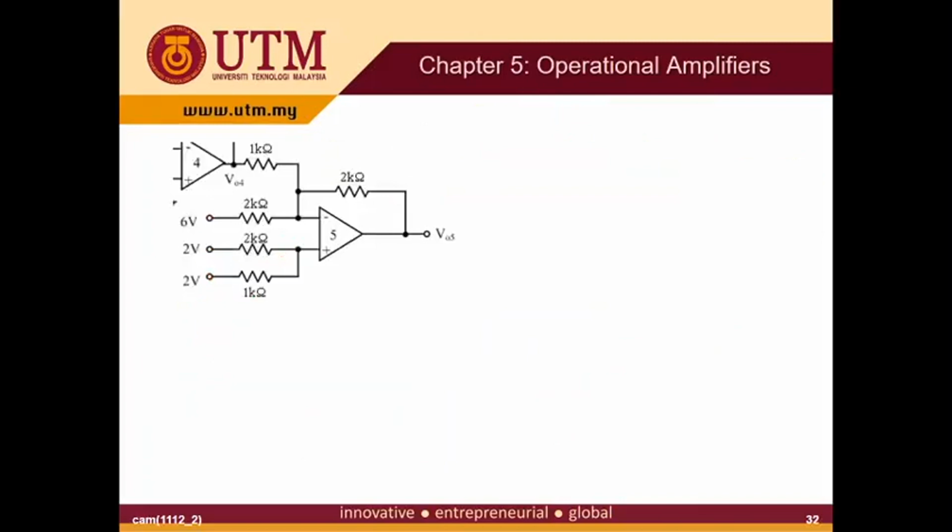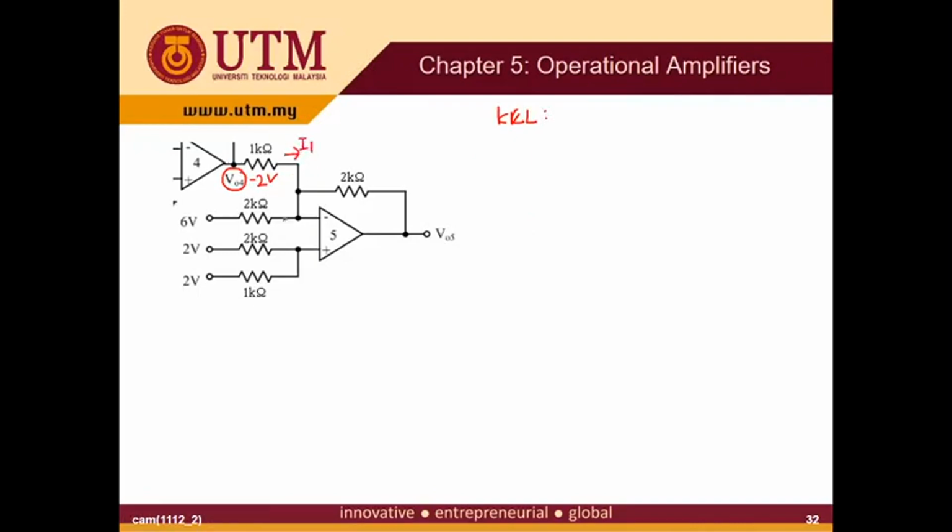Lastly, we do the op-amp number 5, which is a subtractor. So we know that V out number 4 is minus 2 volt. So this is minus 2 volt. As KVL, KCL. It's not KVL, it's KCL. So we label the current.